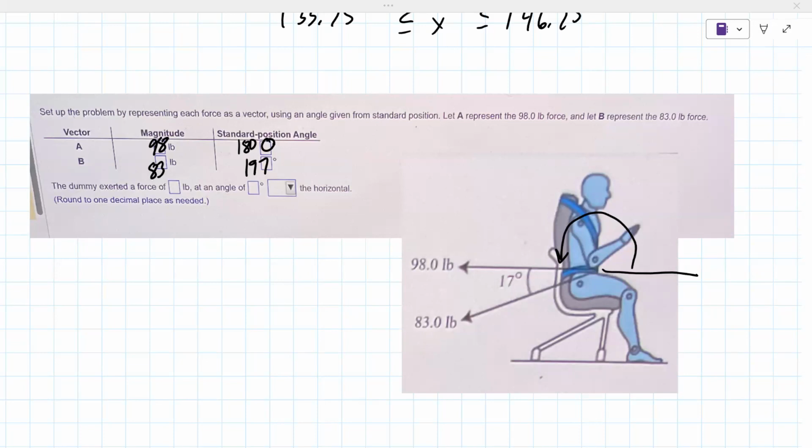Outvoted. What's in the first drop down here? Hopefully below, maybe, or above. Yeah, that's interesting. So standard position.